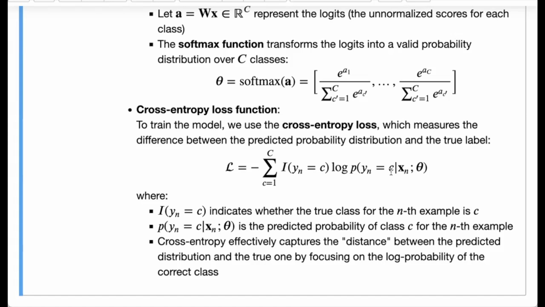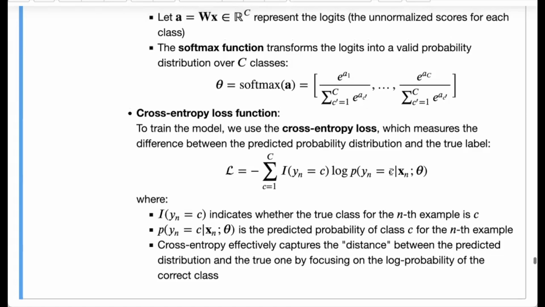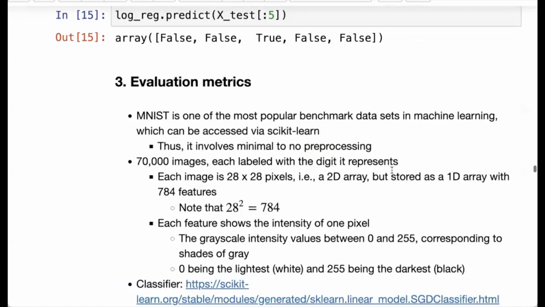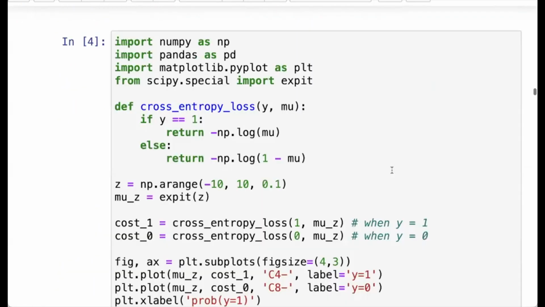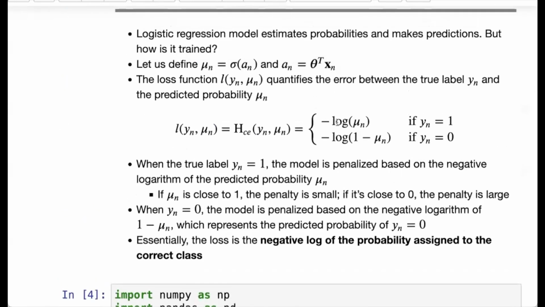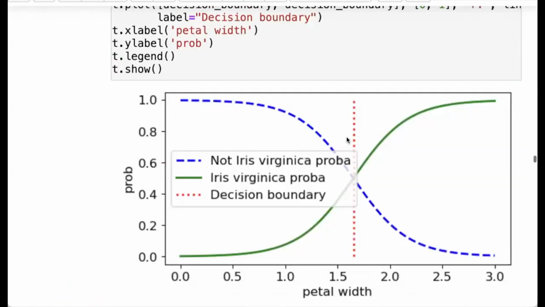So overall, this is very much like the binary cross entropy formula that we had before, because in that case, we have two cases, whether the output was 1 or 0, and then we had the negative log of the probability that we assign to class 1 and the negative log of the probability that we assign to class 0. So we can easily extend this to multiple classes.